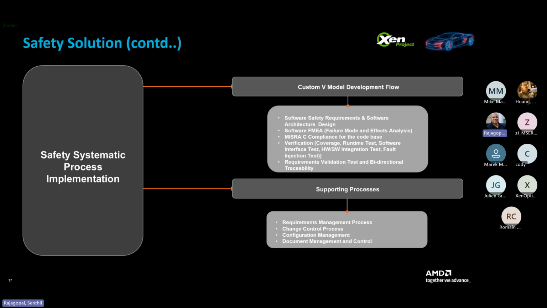Without process, you may have sophisticated safety mechanisms or security features, but there is no guarantee that they work. So you need to prove that they work as they're designed to work. Otherwise, that feature being available or not available is the same from a safety point of view.